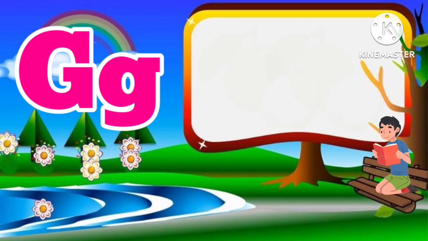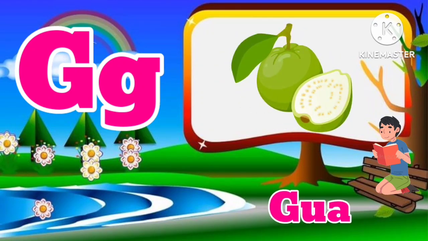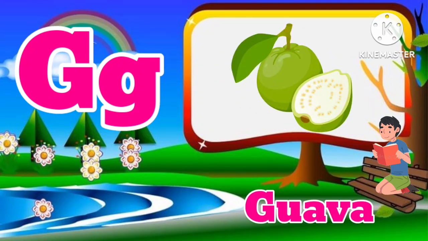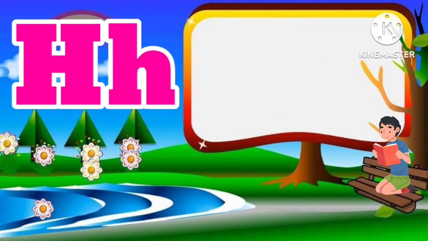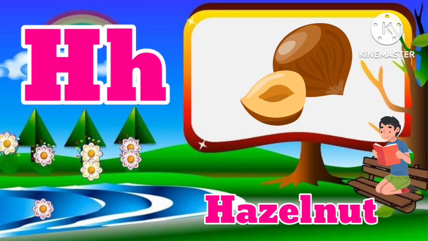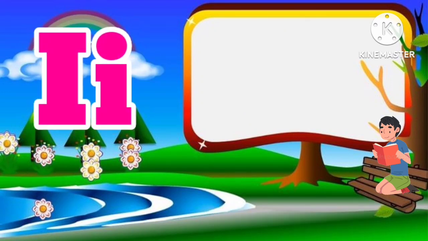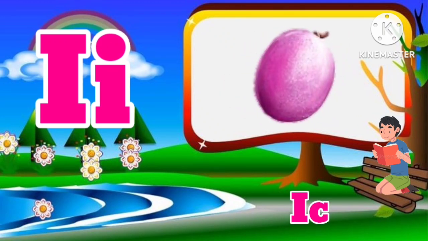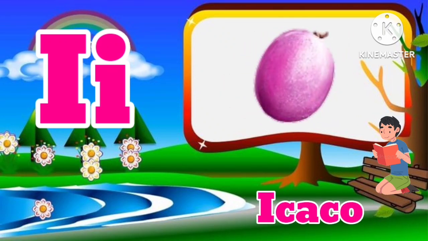G is for guava. H is for hazelnut. I is for ikako.